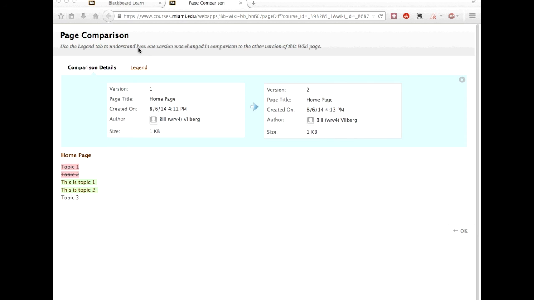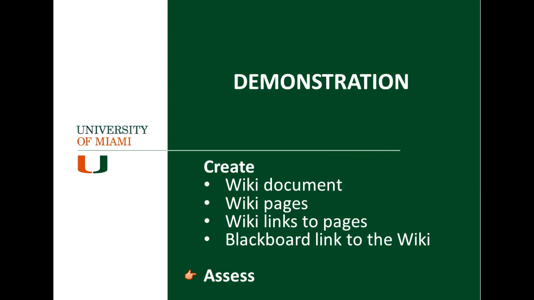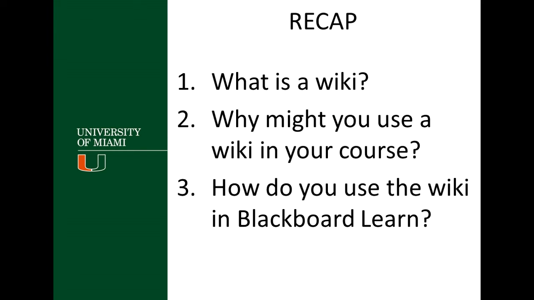Just to recap, we talked about what is a wiki, right? This quick, simple way to make this document that's collaborative and add stuff and delete it and modify it. Why might you use a wiki in your course?